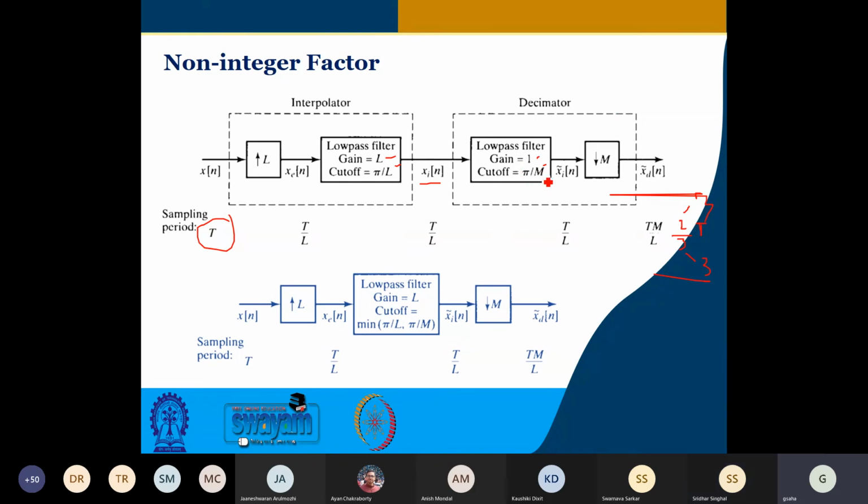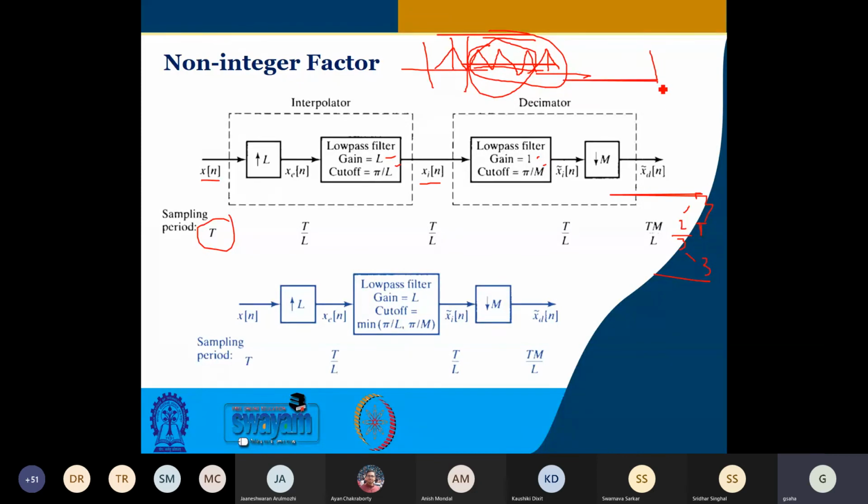Yes, you are chopping off something, right? So this cutoff frequency is to eliminate copies. You already have the signal intact. If this is your original signal and its DTFT, these cutoff frequencies are to chop off the additional copies after this expansion, zero insertion, etc. So you are not losing any information, you are just removing copies.